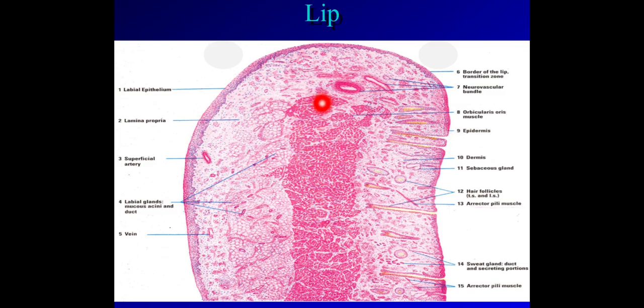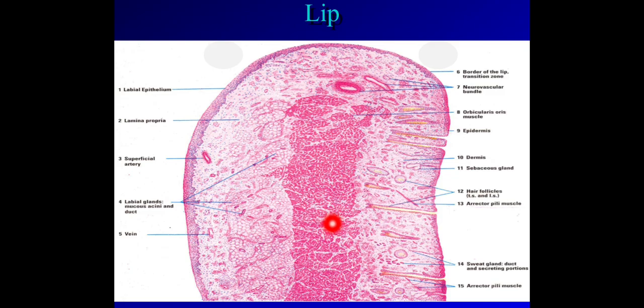These are cut longitudinally as well as transversely. So this is the muscle, the orbicularis oris muscle. This is the sphincter of the mouth. It runs circularly, surrounding the mouth or the oral cavity. So this portion here is transversely cut. Okay, so this is the muscular part.